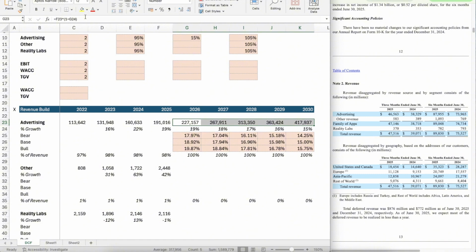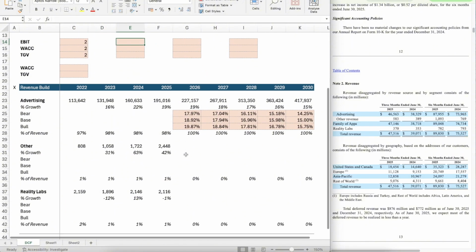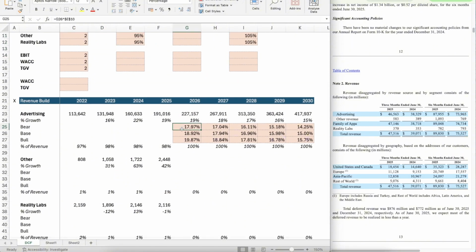So look at this, everyone: 227,157, 267,918. Just remember these figures, because now we're going to simulate a bear case. See, it goes down. That was 227, it's now 225. Then we put in a 3, and it goes up to 228. So this is very useful for simulating different scenarios.